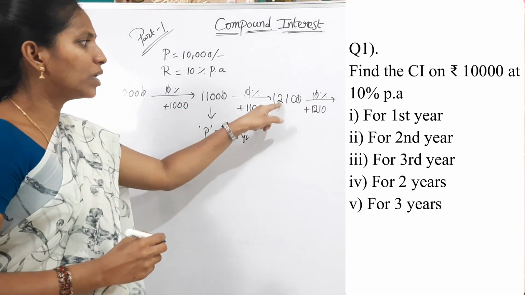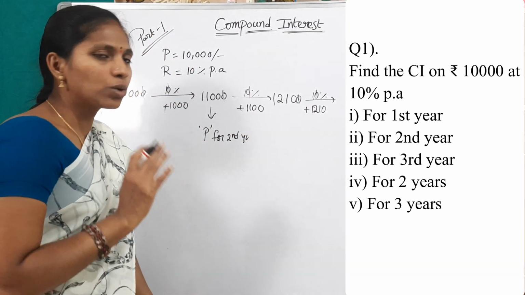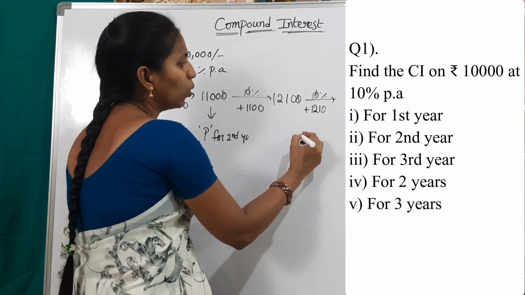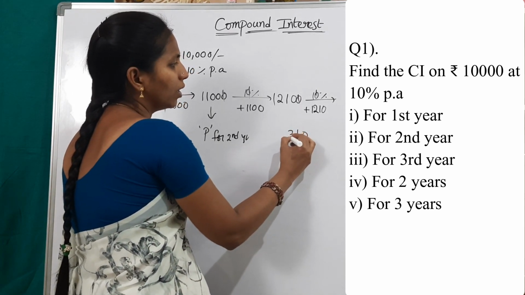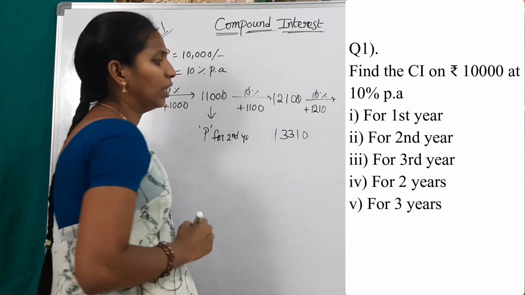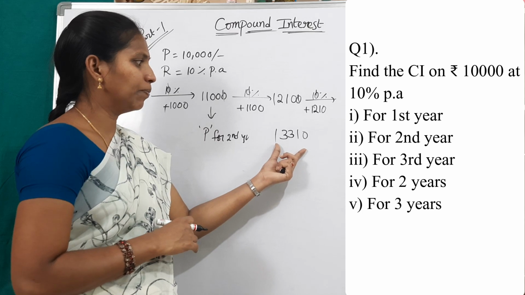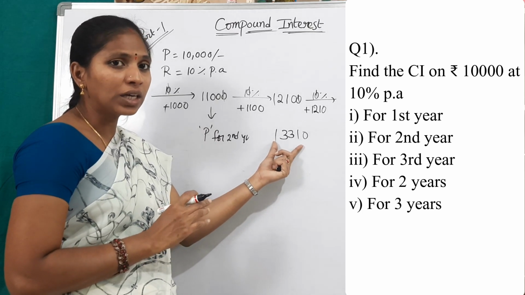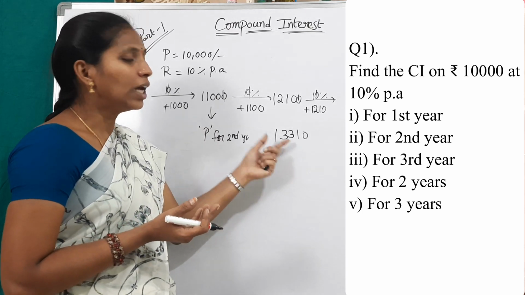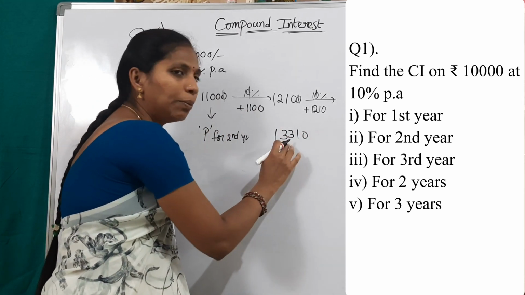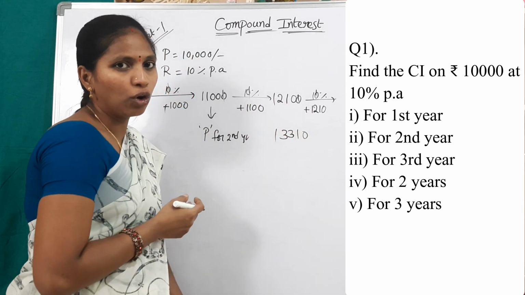Add this 1210 to this 12,100. What is the result? 13,310. This is the result. This is the amount after how many years? After 3 years, and the principal for the next year, the 4th year.